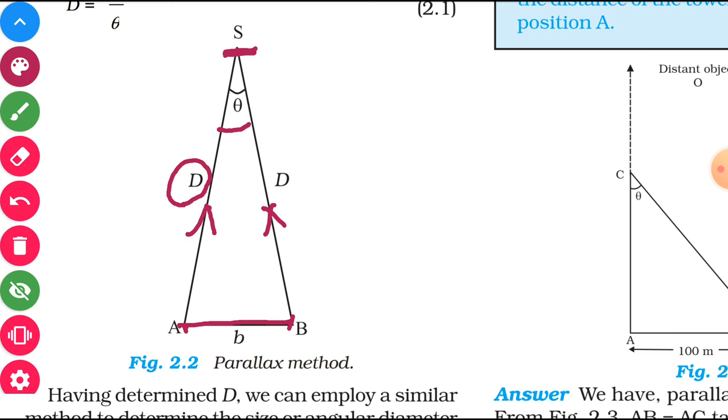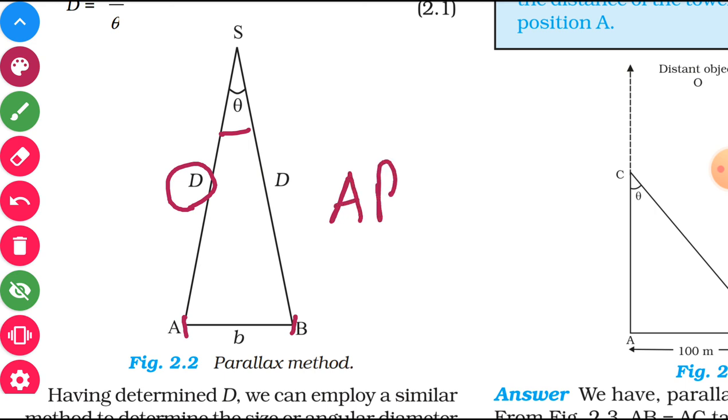So let us consider that this is your arc, because if you go for a very large circle like this, then this part will become the arc. So arc is known to you. You want to find this distance D. Theta is known to you. So as you know, AB, that is arc, is equal to radius, that is D, multiplied by theta.